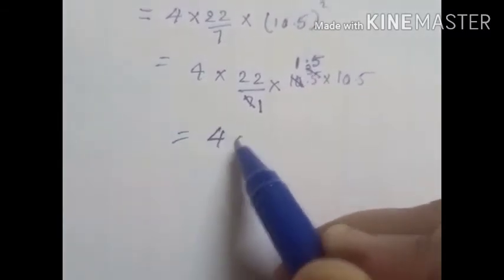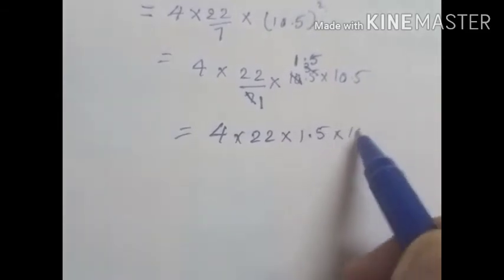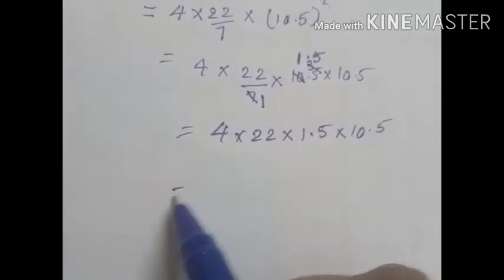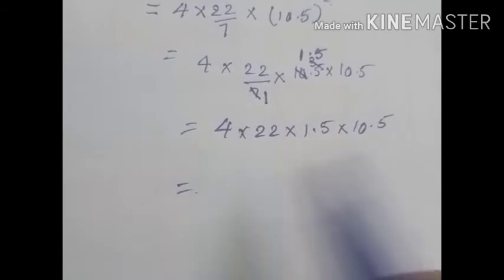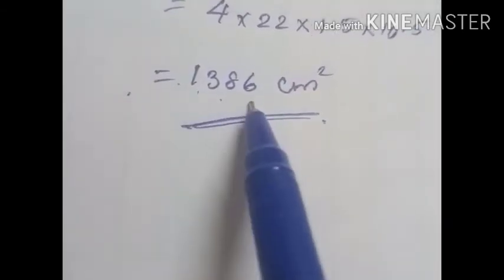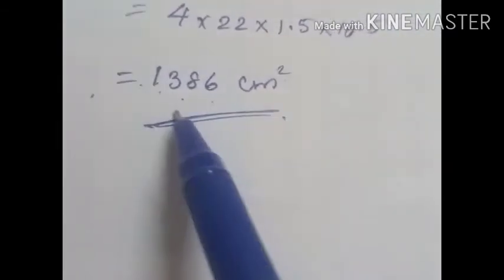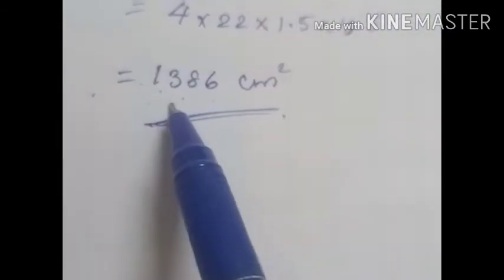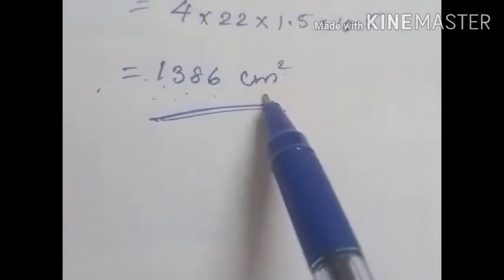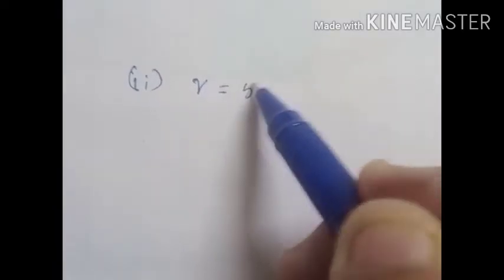So 4 into 22 into 1.5 into 10.5. We should multiply them and find the answer. That is equal to 1386 centimeter square.